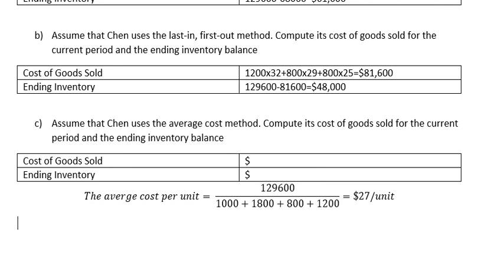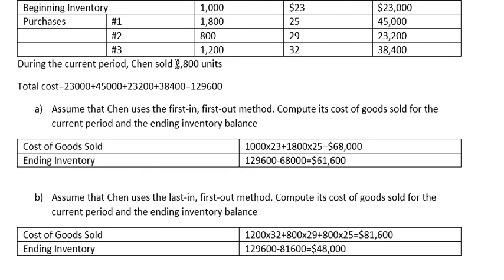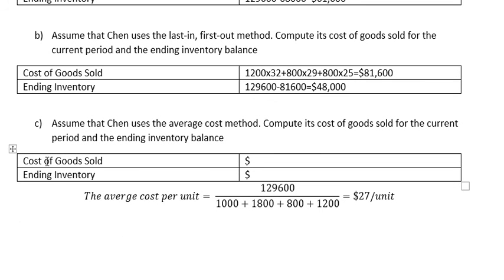Because we just sold 2,800 units, the total cost of goods sold should be 2,800 multiplied by 27.